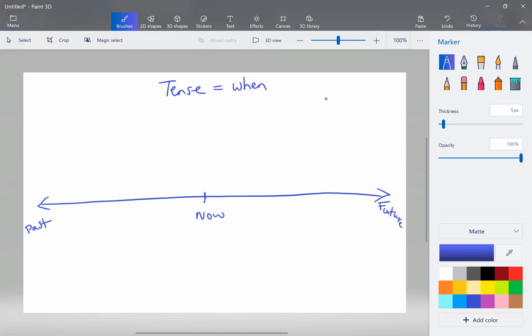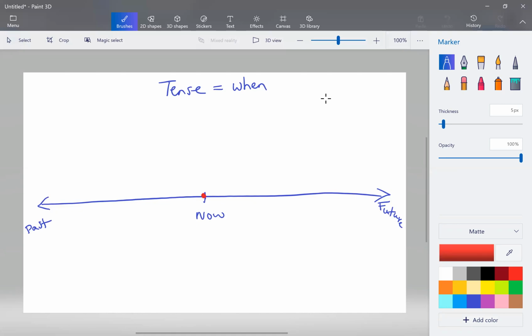Okay? We have 9 different tenses. So, if I'm saying that something's happening now, what tense do I use? Present. The present tense, exactly.